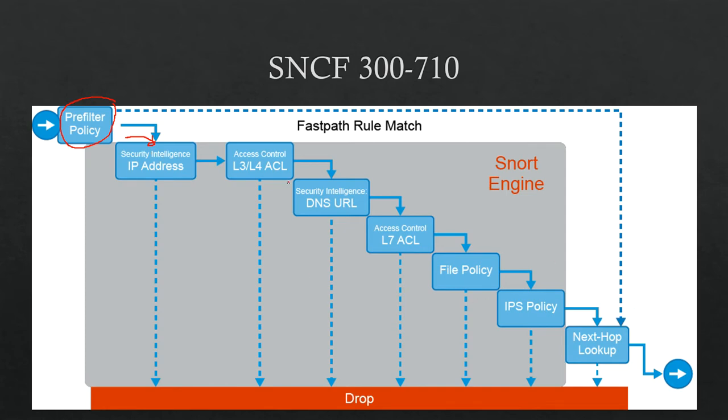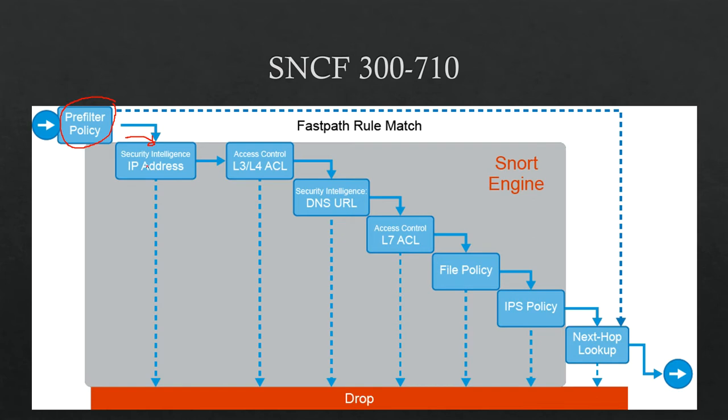So why do I need pre-filter? I need pre-filter, for example, if I have two trusted LANs, and I don't need any inspection to be there. So I have to apply it in the pre-filter policy, so it will not go for further inspection. But let's see that pre-filter did not allow it, or it allowed it and said, okay, let's inspect.